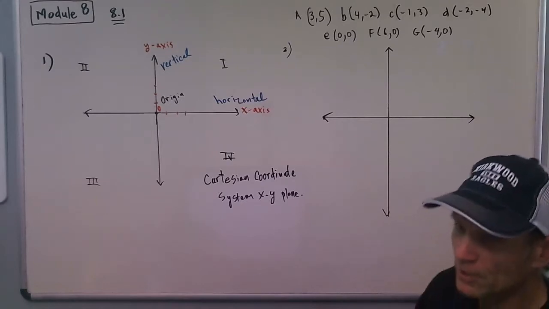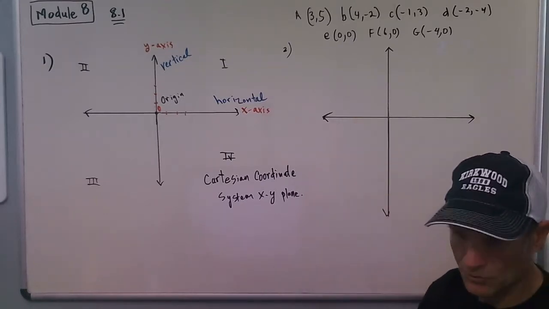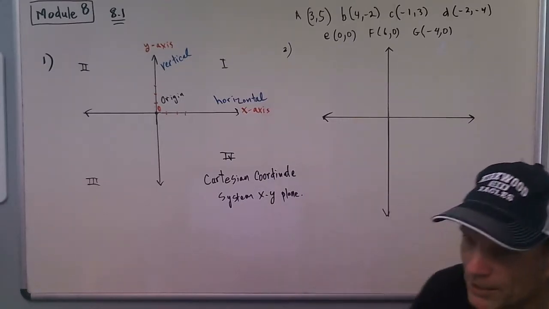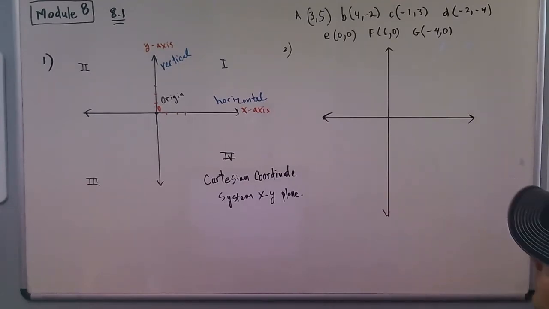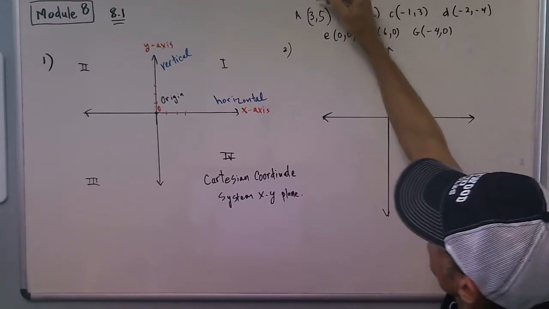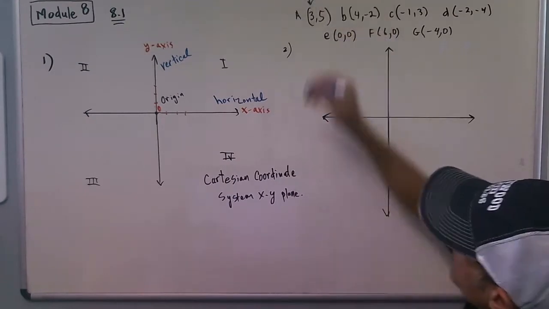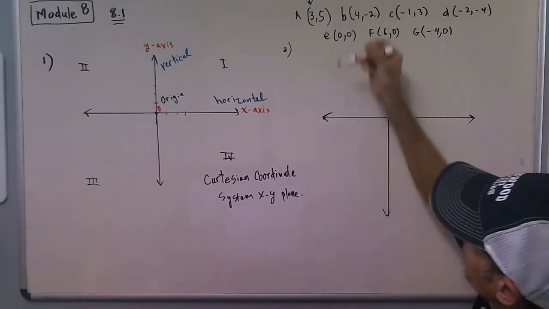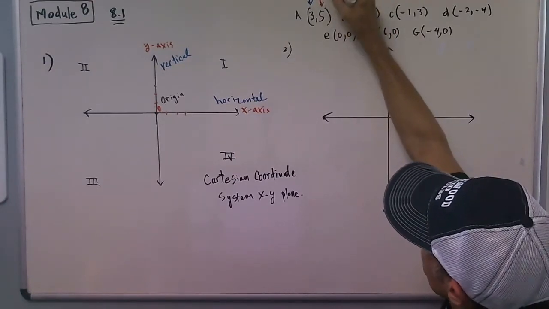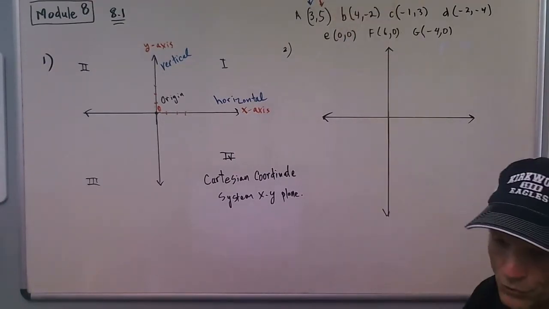Okay, so then some of you probably remember how to plot these points, and I don't have graph paper up here, so we have to estimate. But this first spot here is the x value, and then the second number in the parenthesis is the y value, and that's called an ordered pair.